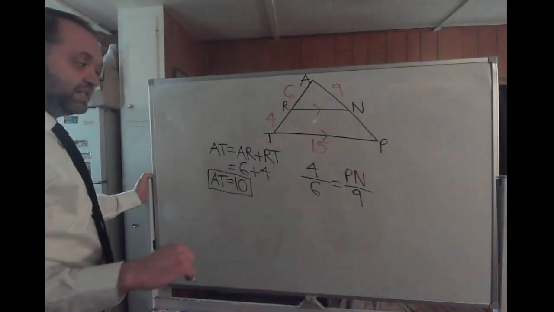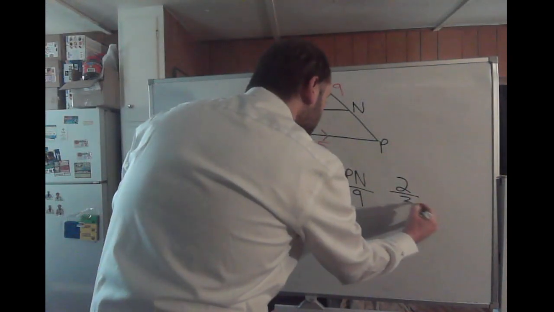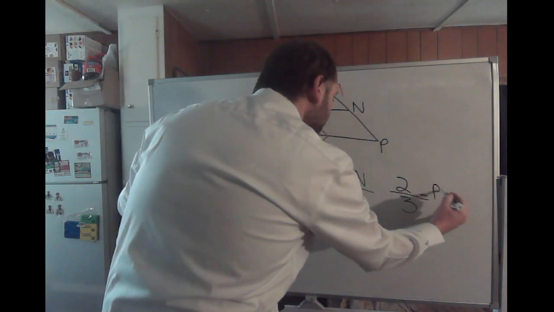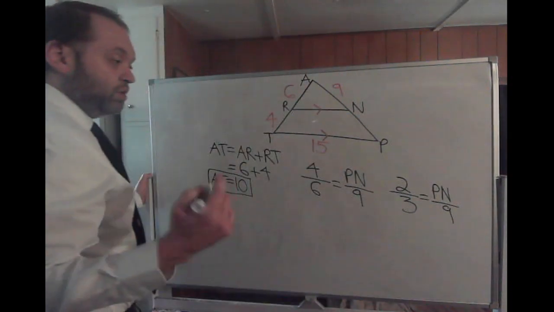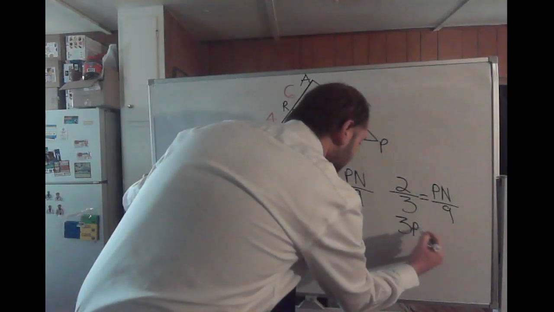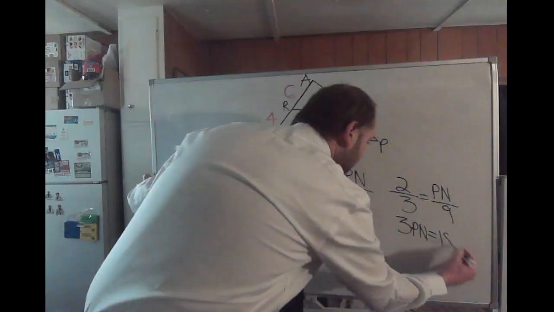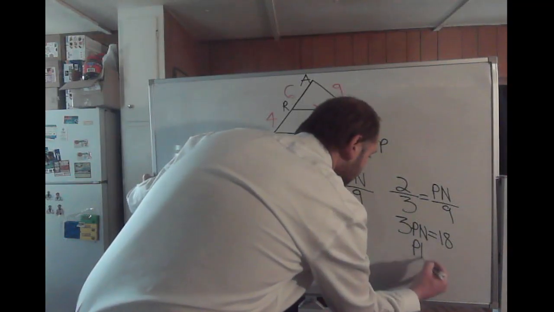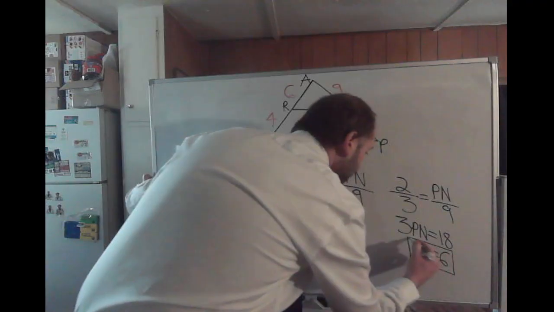Well, 4 to 6 we know reduces to 2 to 3, right? So then you would have 2 to 3 equals PN over 9. Which then is going to give you, if you do the cross product, 3PN would equal 18, which means PN would have a length of 6. So we found the length of PN.